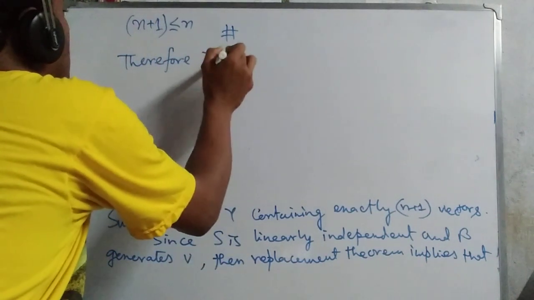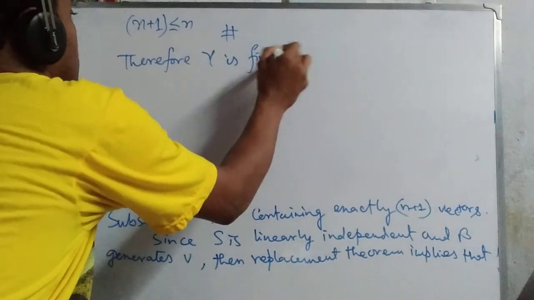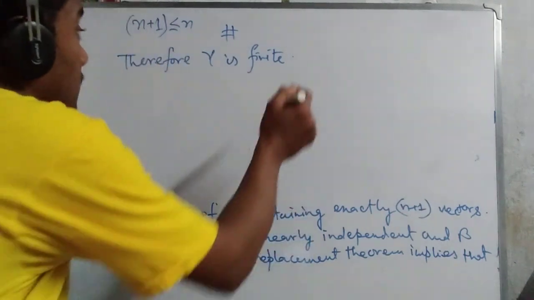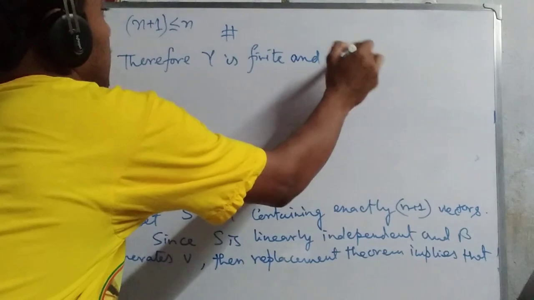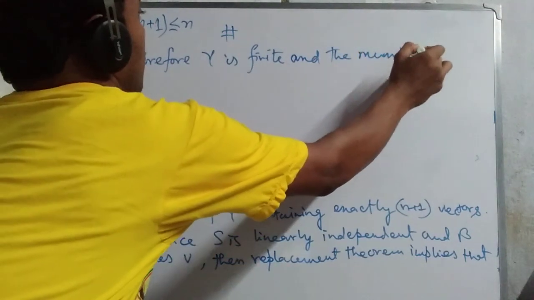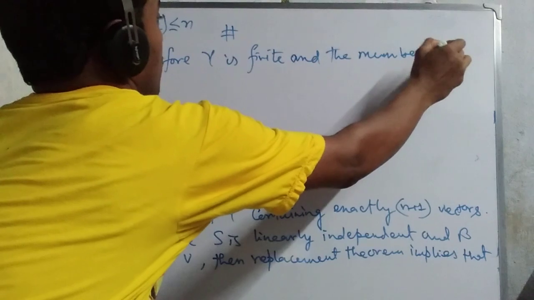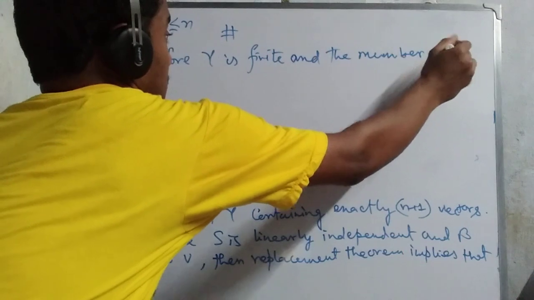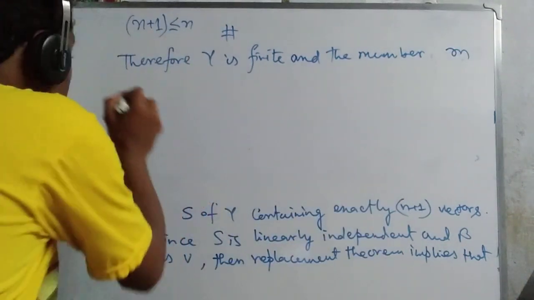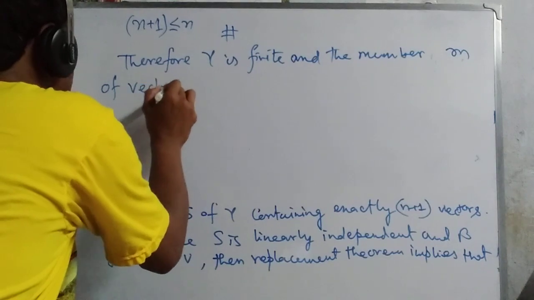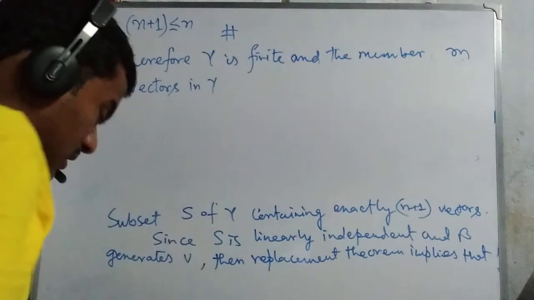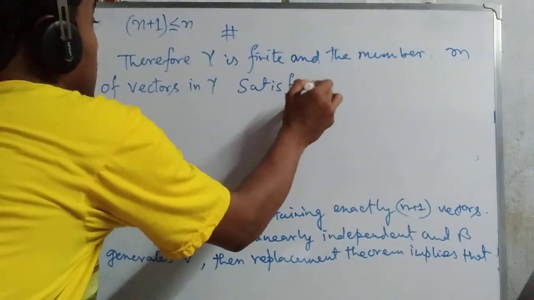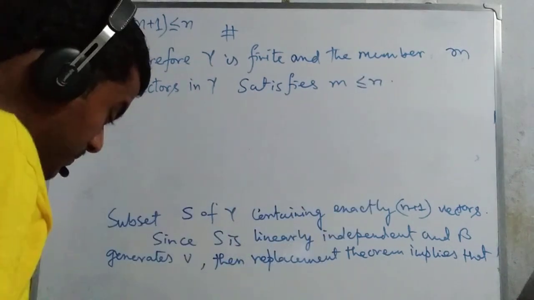Therefore gamma is finite, and the number m of vectors in gamma satisfies m less than or equal to n.